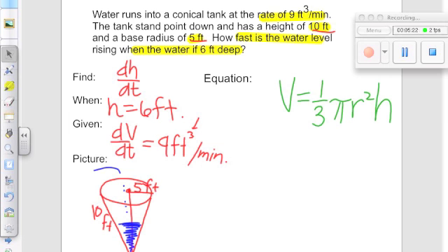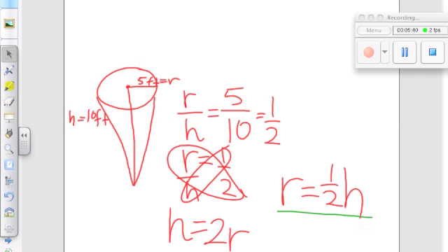What information do you have over here? Well, I'm looking for dh/dt, so shouldn't I try to solve everything for h? So I'm going to change everything to have this h, and I'm going to use this right here.